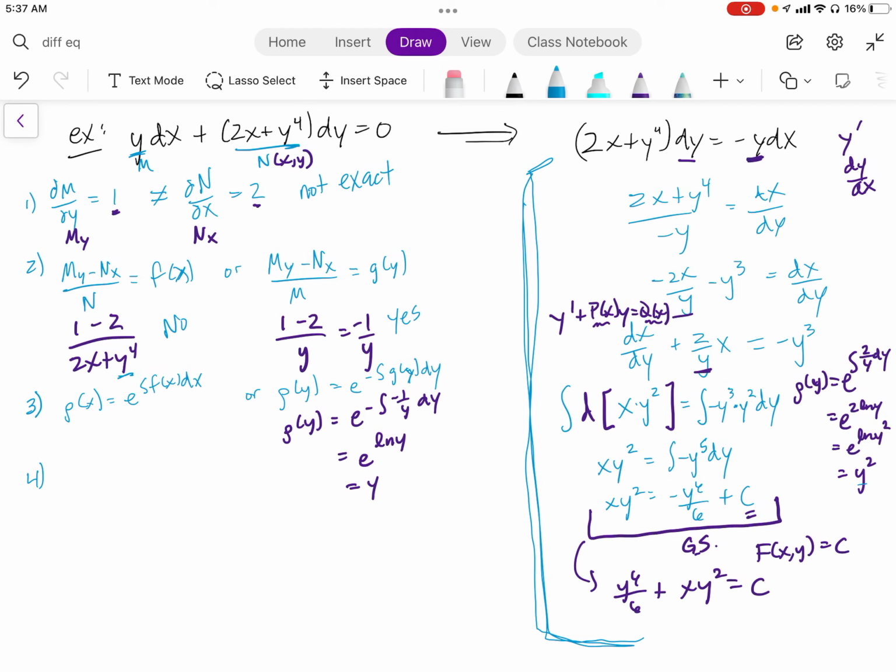So the next step, we multiply the original function by this integrating factor. Okay, so the original differential equation. So our new differential equation becomes y times y dx, so y squared dx plus, we'll go ahead and distribute the y, 2xy plus y to the fifth dy.